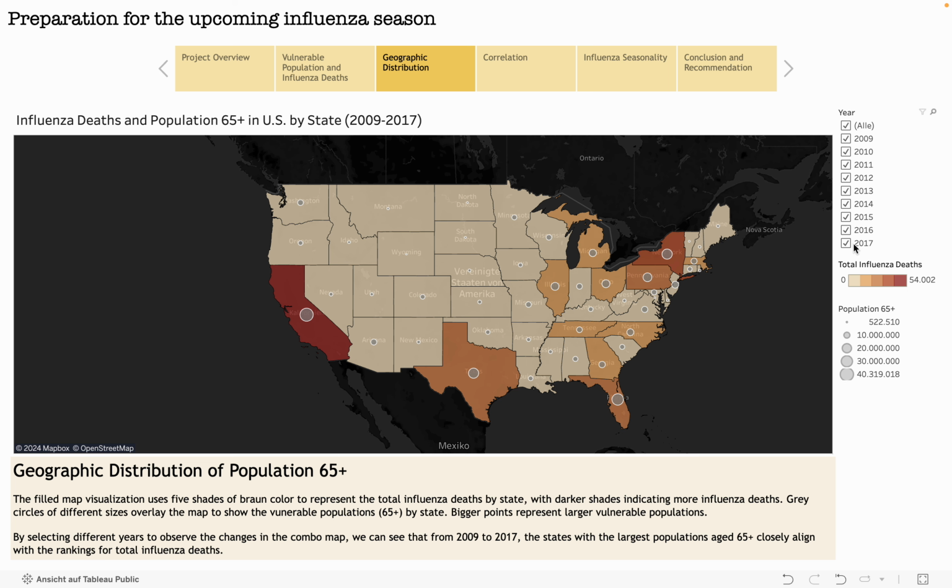By selecting different years to observe the changes in the combo map, we can see that from 2009 to 2020, the states with larger populations over 65 closely align with the rankings for total influenza deaths.